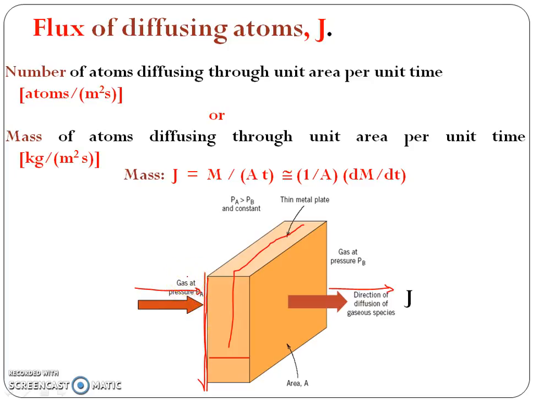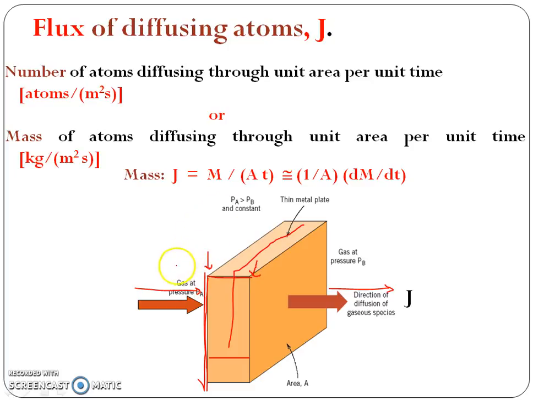The molecule which is diffusing, if it is a gas, and if this position is termed as A position and this position is termed as B position, then diffusion is happening from A position to B position.